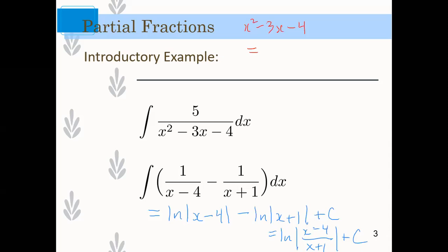So 3 over 2 squared, what's that? 9 over 4. So this would be x squared minus 3x plus 9 over 4 minus 9 over 4 minus 4.